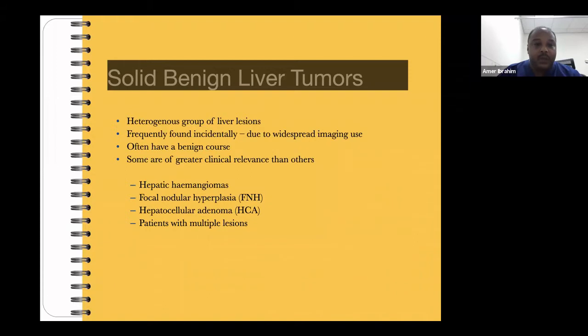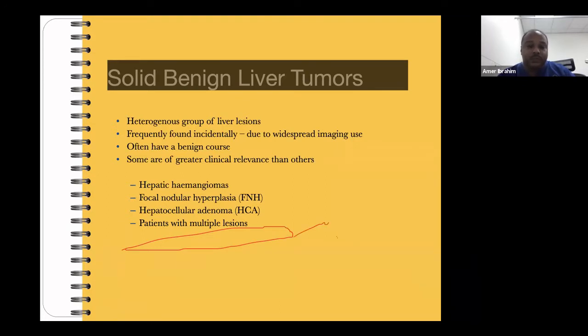Most of the time it's a benign course. Some of them have greater relevance than the others in relation to pre-malignant conditions, or because they have a special way of treatment.